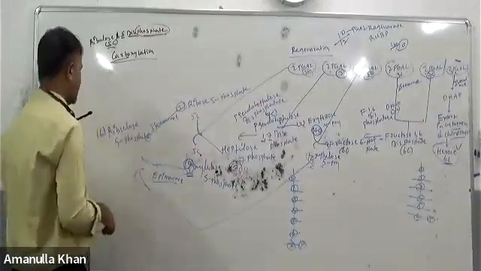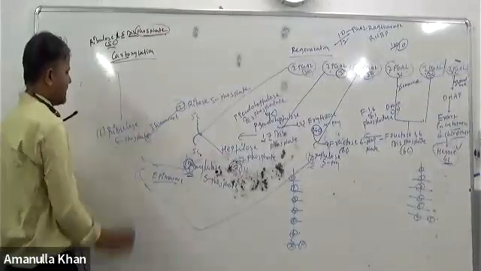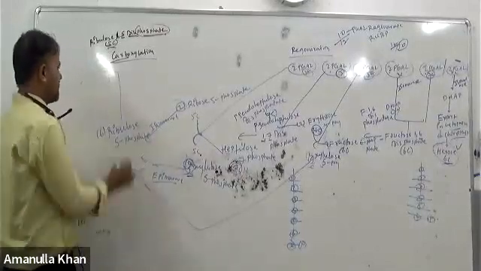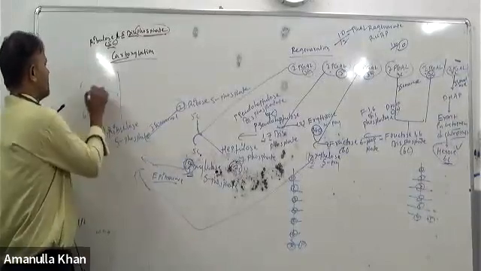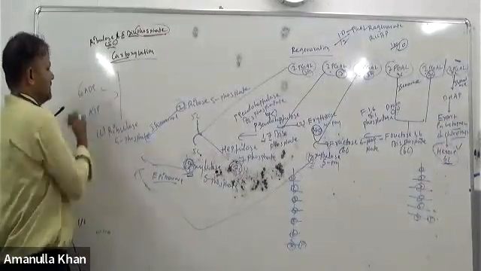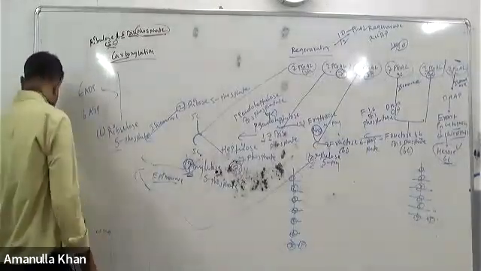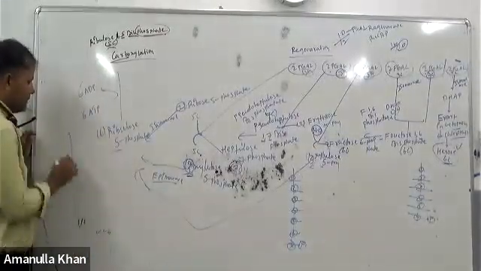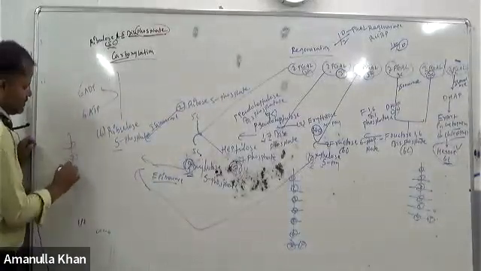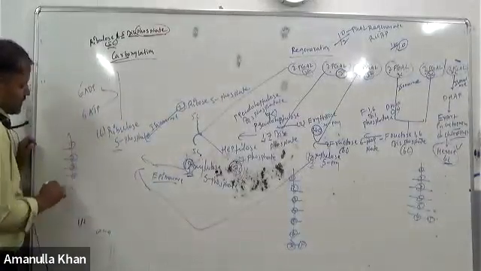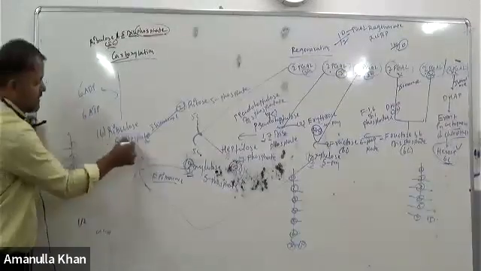Now again these 6 molecules of ribulose 5-phosphate utilize 6 ATPs and release 6 ADPs. Ribulose has 5 carbons, 1, 2, 3, 4, 5, and already at the 5th position has a phosphate.